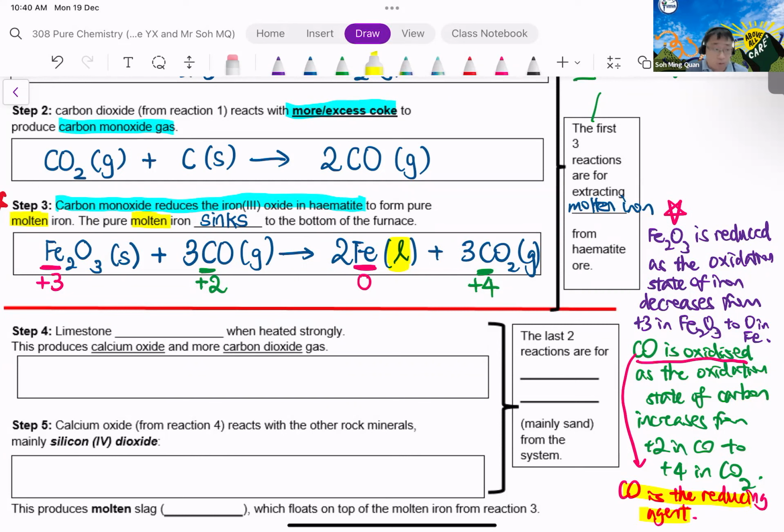Now, what is limestone? If you recall, limestone is calcium carbonate. Calcium carbonate will decompose when heated strongly.